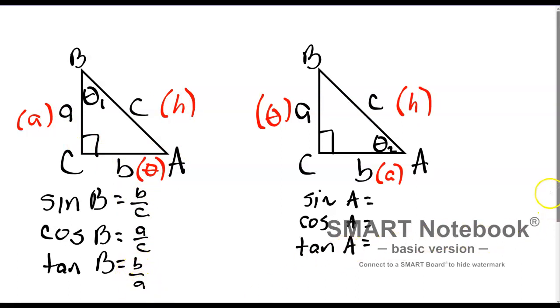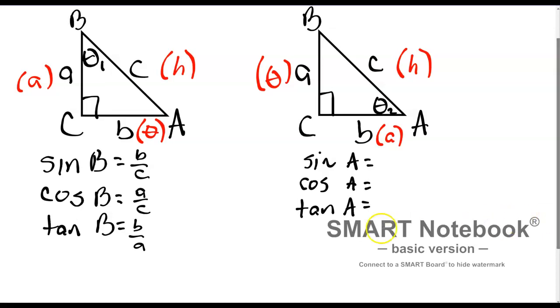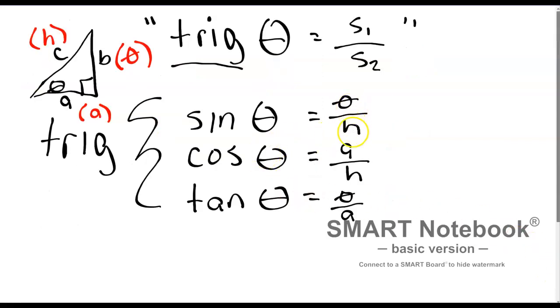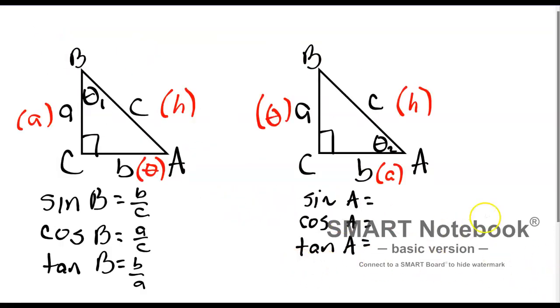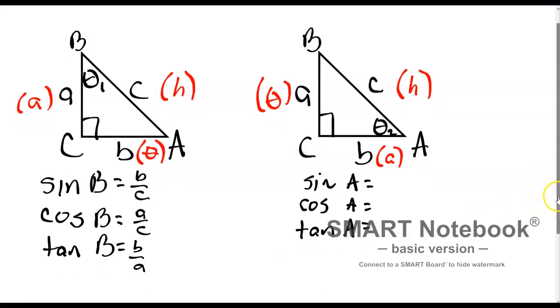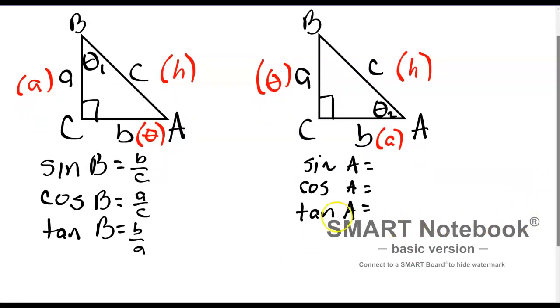Now I'm going to come over here, and this is opposite over hypotenuse, same thing from the notes: opposite over hypotenuse for sine, adjacent over hypotenuse for cosine, and opposite over adjacent for tangent. You're going to get faster and faster at this. So sine, opposite over hypotenuse, is A over C. Notice that there is a difference because of theta.